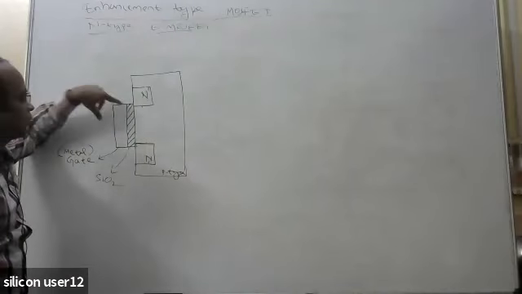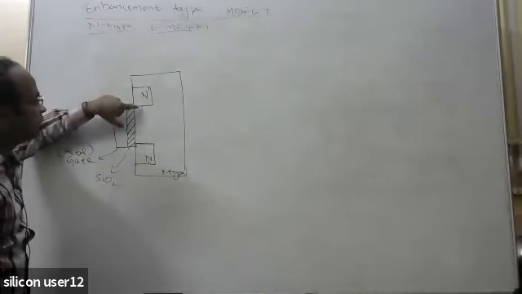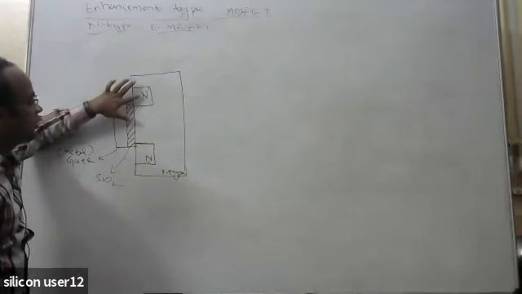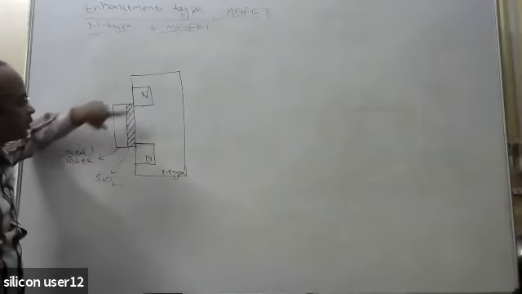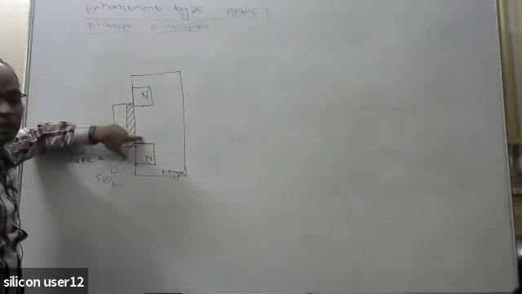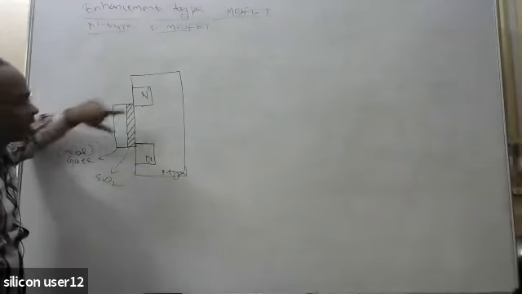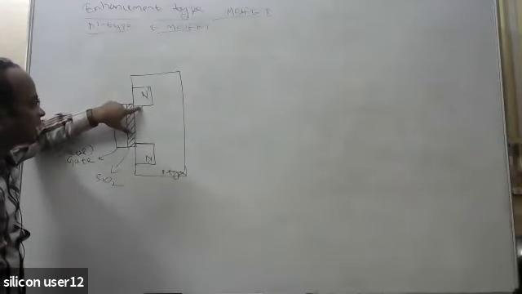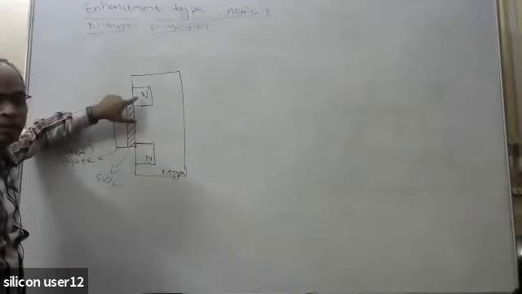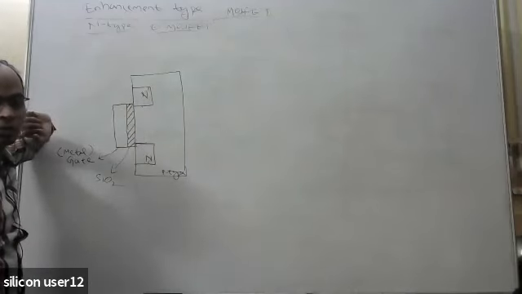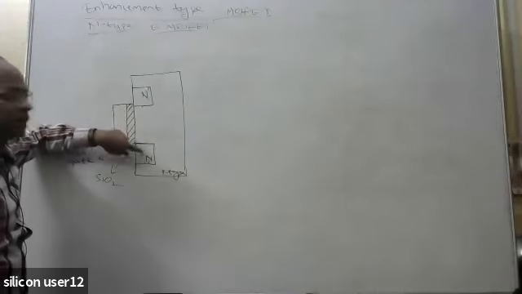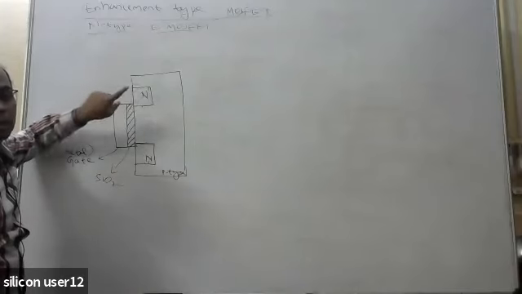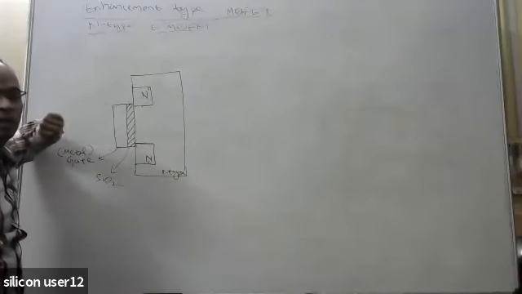What you are observing here is that there is no connection between this drain side and the source side. Like in case of depletion type MOSFET, the channel was existing from the beginning itself. But here in this enhancement type MOSFET, there is no channel or path between the source and drain. So if I want to conduct electricity from source to drain, first of all I have to create this channel.